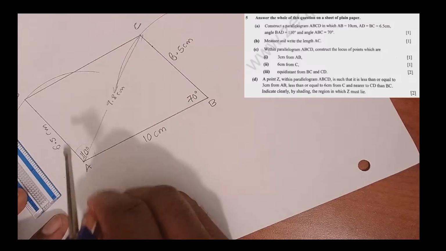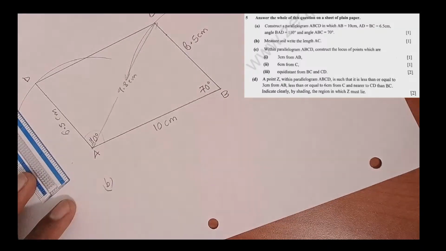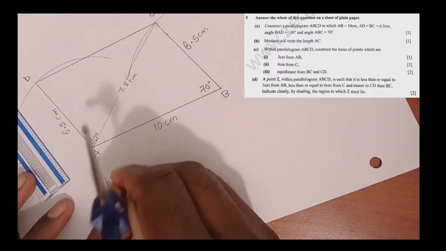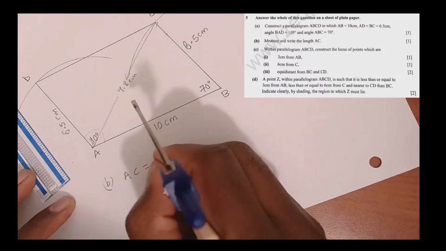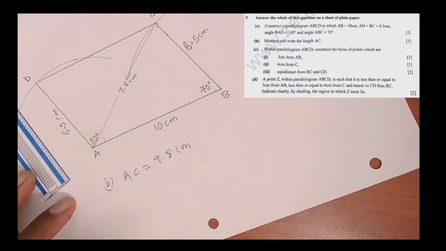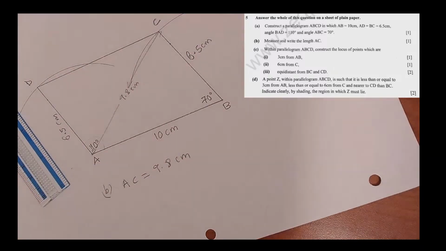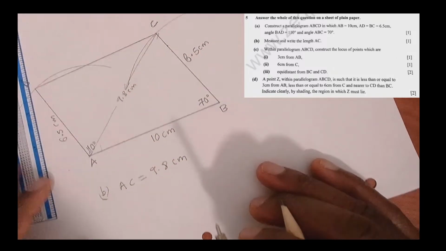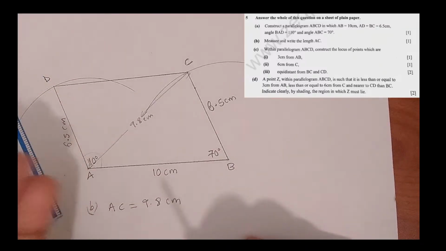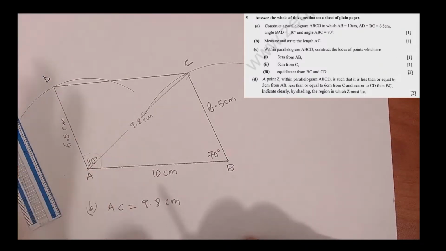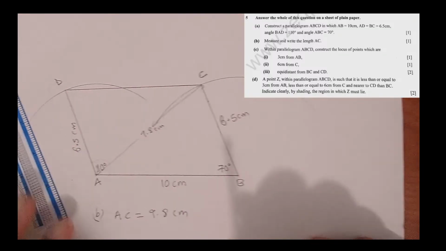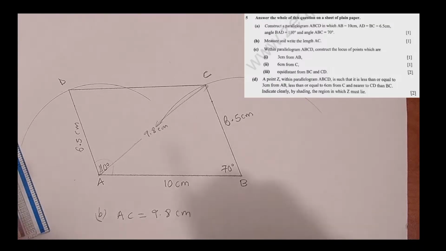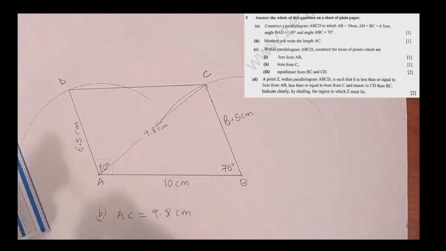This is part B. I just write B and then write AC is equal to 9.8 centimeters. So it could be 9.9, maybe 10, but 9.9, 9.7, 9.8, something in that range. So you can just construct it as well and let us know what your AC is going to be, okay?